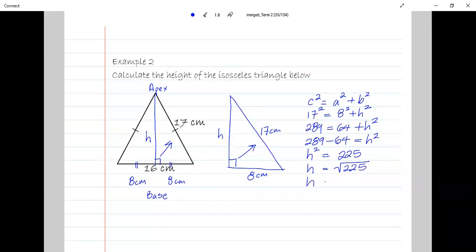So h is equal to 15 centimeters. So the height of the isosceles triangle in example 2, h is equal to 15 centimeters. And that is the end, ladies and gentlemen, of Pythagoras Theorem.